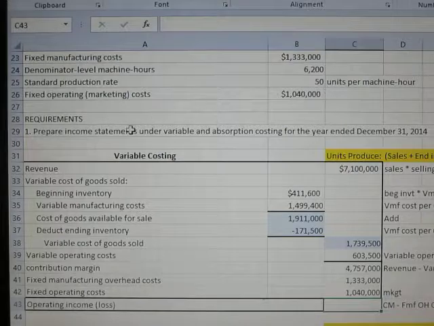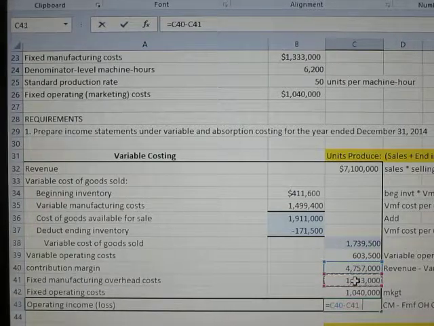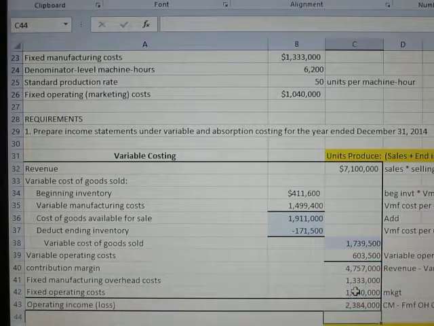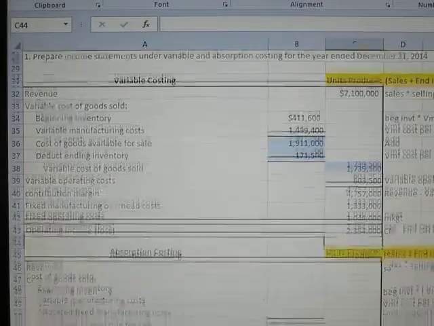So now the operating income is, I'm going to take the contribution margin minus the fixed manufacturing overhead and minus the fixed operating overhead. Okay, so we are done with variable costing.